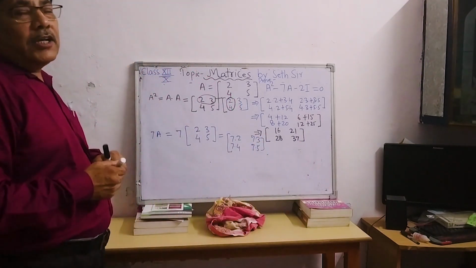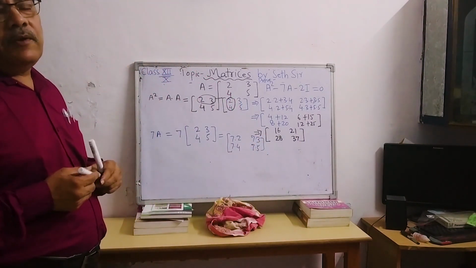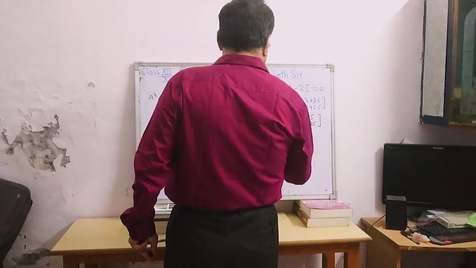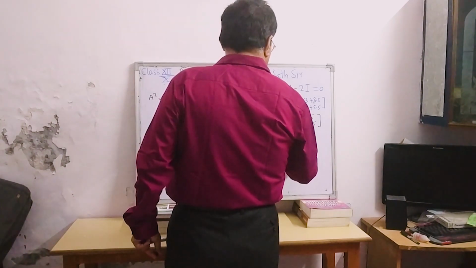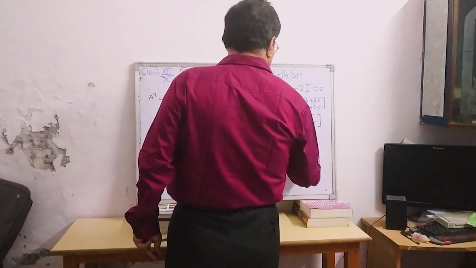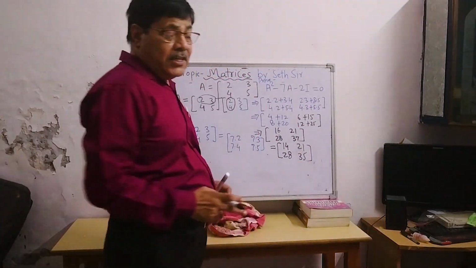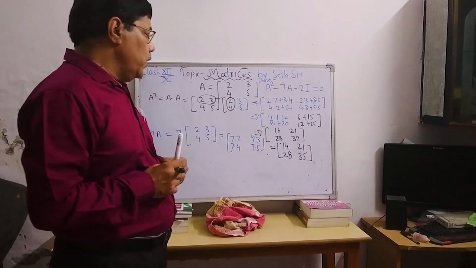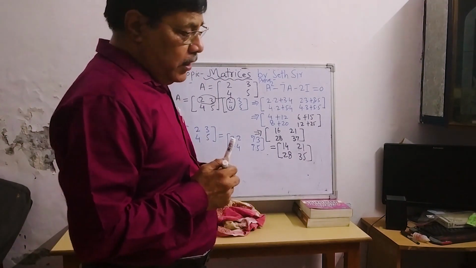Clear, children? Each term will be multiplied by 7. Now simplify. What will you get? This is 14, this is 28, this is 21, this is 35. Is this clear to you all, children? So this is the value of 7A: 14, 28, 21 and 35.